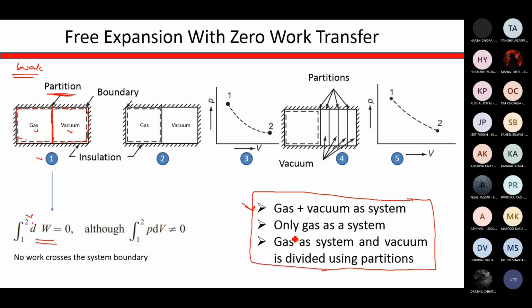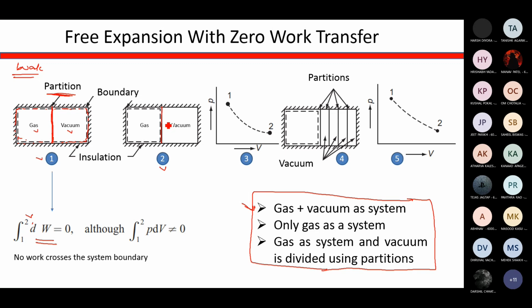Now what we'll do is we'll consider gas as a system alone. So look at diagram 2 now. Again that partition is there, vacuum on the right hand side and the gas on the left hand side, right? But this time, instead of considering the whole system together, gas and vacuum, I am considering the gas alone as a system.